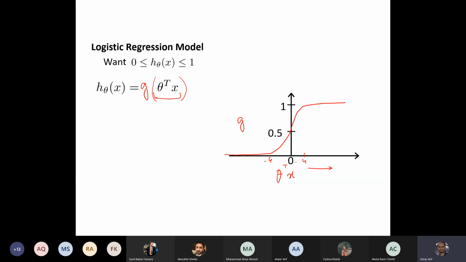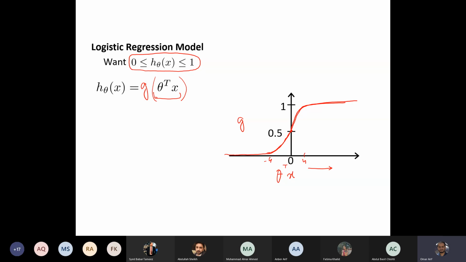Between -4 and 4, the value of g is going to slowly rise from 0, be exactly 0.5 at theta transpose x equal to 0, and then increase and converge to 1. So that is what this function g does: it outputs values between 0 and 1.